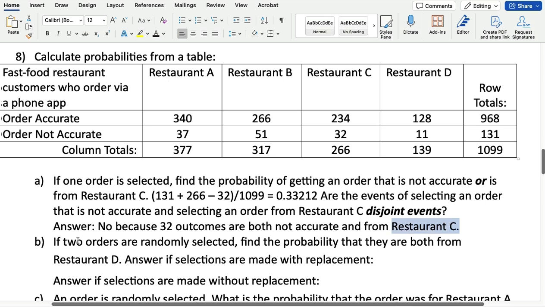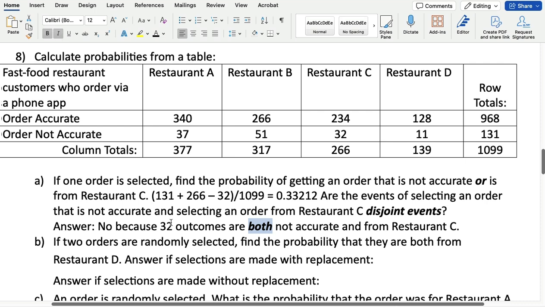So no, because there were 32 outcomes that were both not accurate and from restaurant C. So when you have numbers that satisfy both conditions, they are not disjoint.